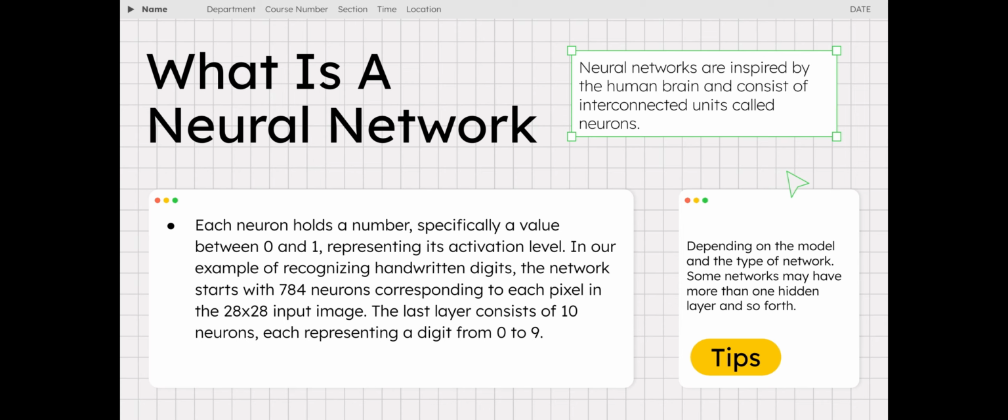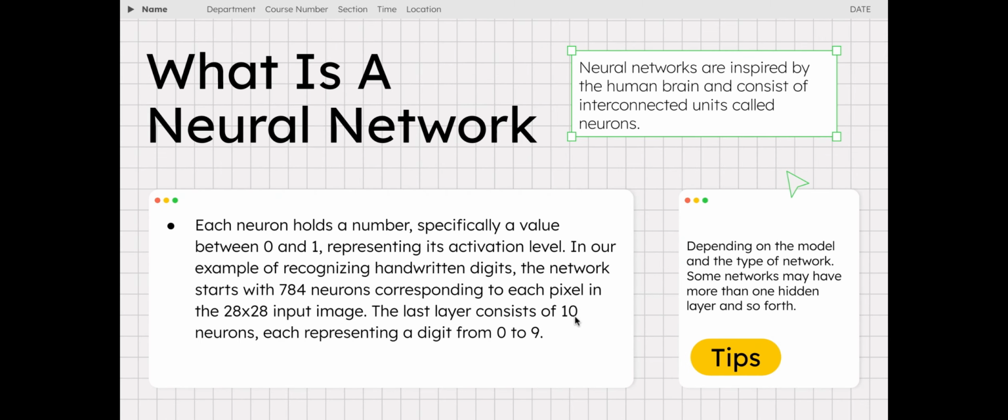The network starts with 784 neurons corresponding to each pixel in a 28 by 28 image input. The last layer consists of 10 neurons, each representing a digit from 0 to 9. Depending on the model and type of network, some networks may have more than one hidden layer, and so forth.